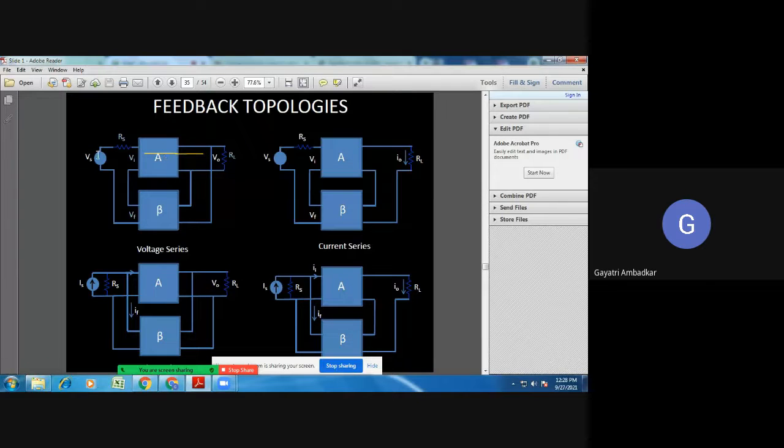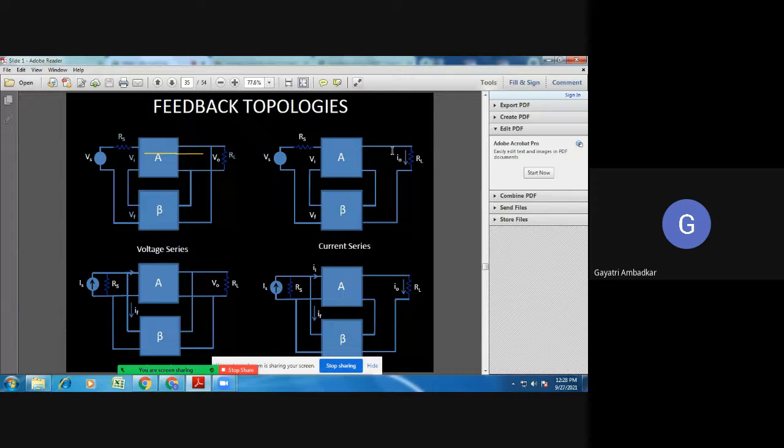So which type of amplifier is this? Voltage amplifier. Here in this circuit you see input is voltage and output is current. In this circuit, input is current and output is voltage. In this circuit, input is current and output is also current.